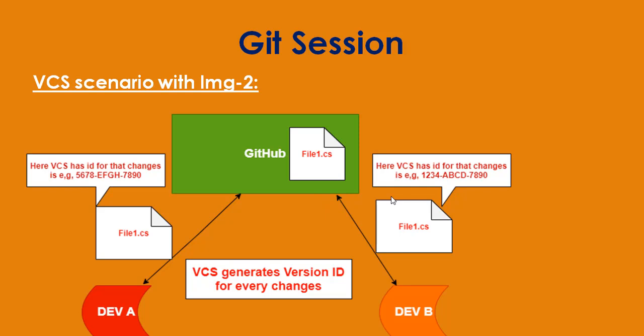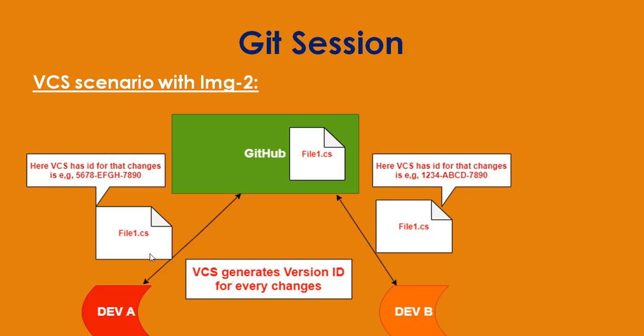So before and after the changes of file1.cs made by dev A and dev B, this mechanism of the version controlling system is called VCS. That is the whole mechanism we performed here by dev A and dev B, and VCS generates a version ID for every change. Every change will be tracked by VCS, that is the version controlling system.